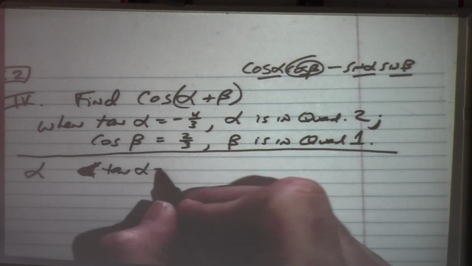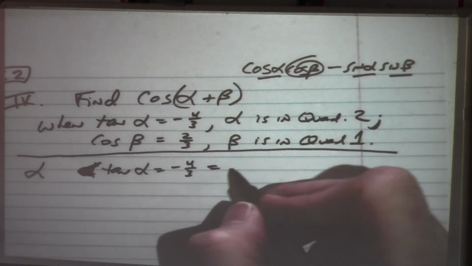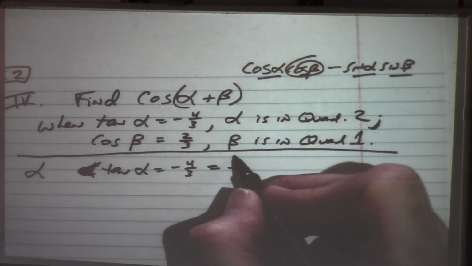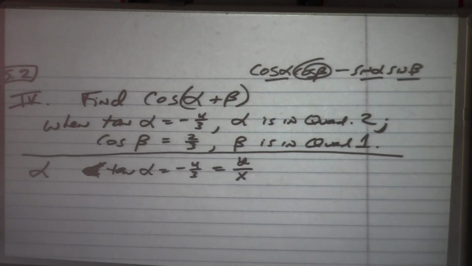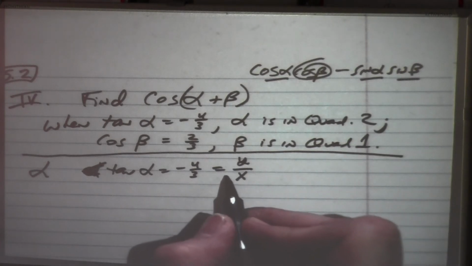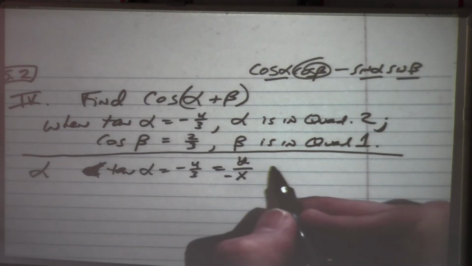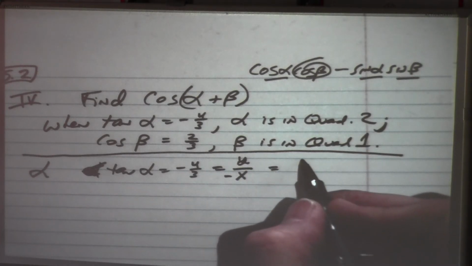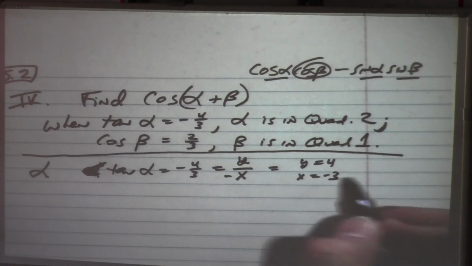So let's remember something else about tangent. We know that it's equal to -4/3, but for the tangent, that's actually the y value over the x value. Because we're in quadrant 2, the x value is negative. So I can put a negative with this. That means that the y is equal to 4 and the x is equal to -3.